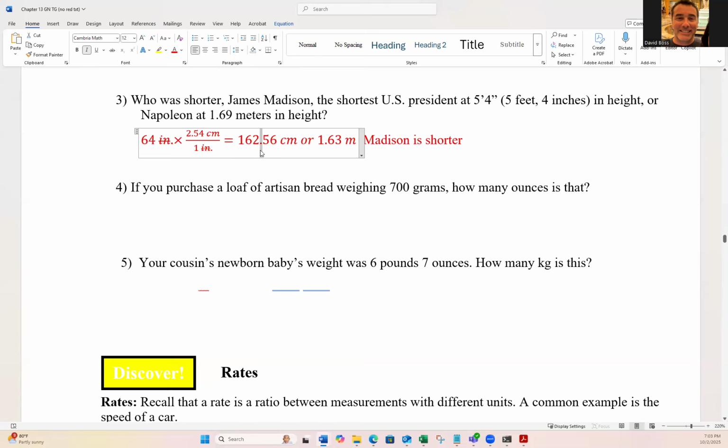You're here at the decimal at centimeters. You want to go 1 over to decimeters and then to meters. So you move the decimal point to here, 1.6256. So 1.63 meters, that is how tall Madison is. So Madison is shorter than Napoleon by 0.06 meters.